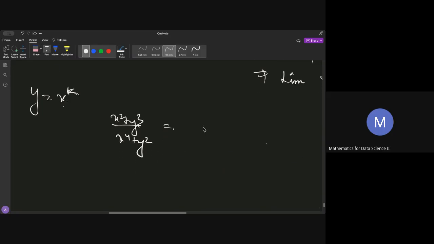If I take x square, this was x square, this was plus y. So y is x to the power k. So I'll get x to the power 3k divided by x to the power 4 plus x to the power 2k.